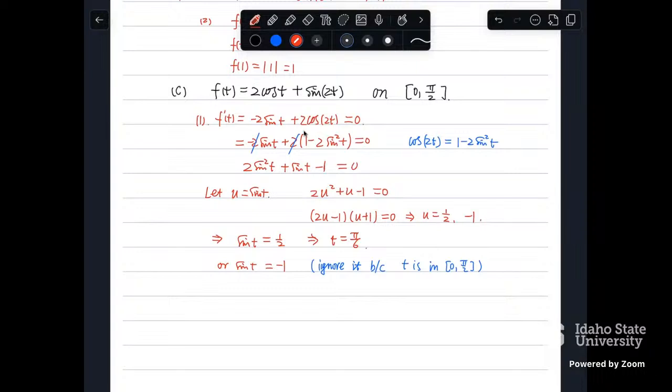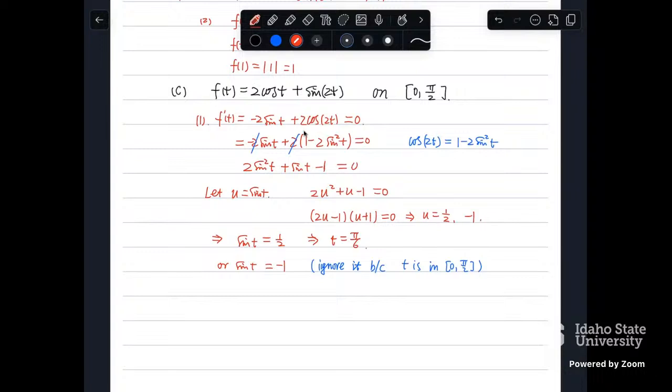Remember, sine, this trigonometric function, is actually periodic. If we don't have this constraint, then you will get infinitely many solutions, like pi/6 or 5 pi/6 or 2k pi plus pi/6 and so on.